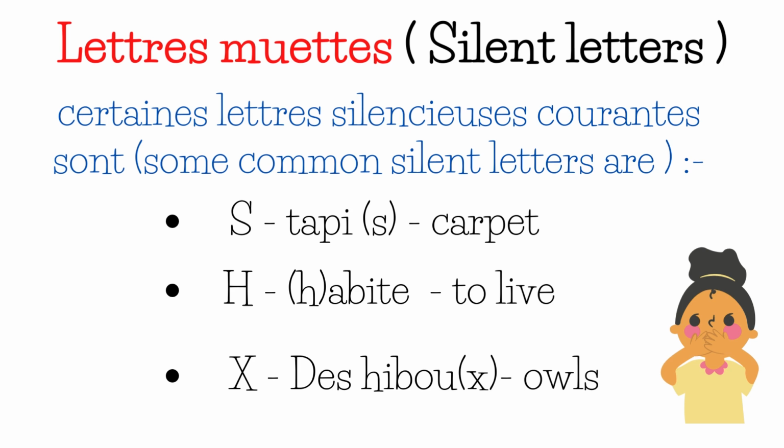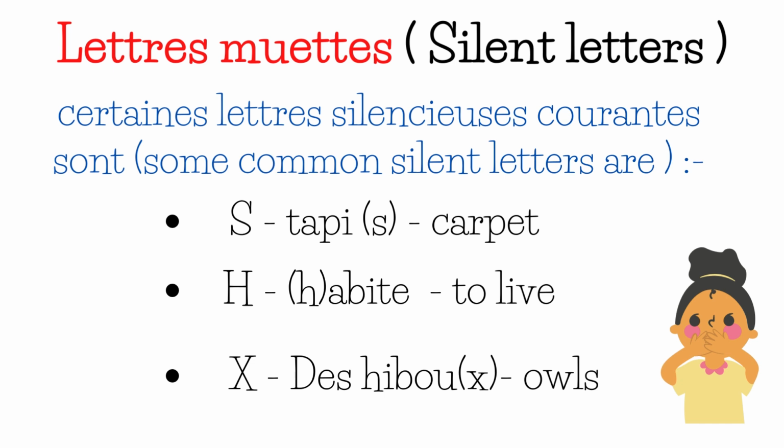Certaines lettres silencieuses courantes sont, which means some common silent letters are, for example, for S, tapis. It means carpet, tapis. You can hear that I don't pronounce the letter S. It is a silent letter.